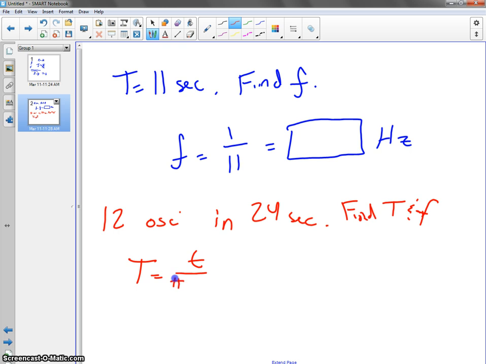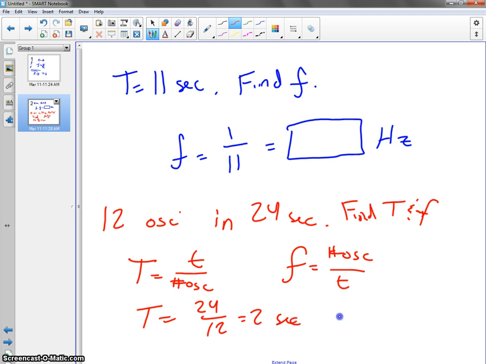I'm not going to give you this equation on the test. Whereas frequency is number of oscillations divided by time. So in this case, the period would be 24 over 12, or 2 seconds, whereas the frequency would be 12 over 24, or 0.5 hertz.